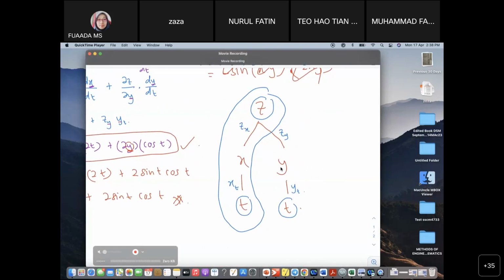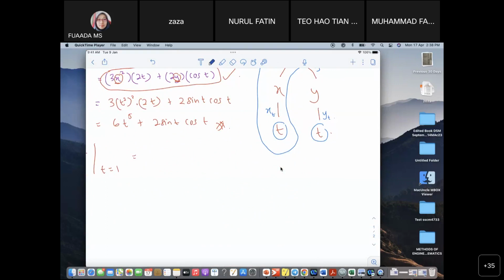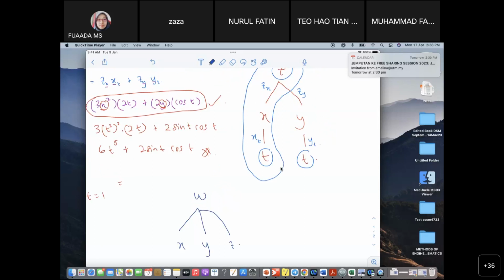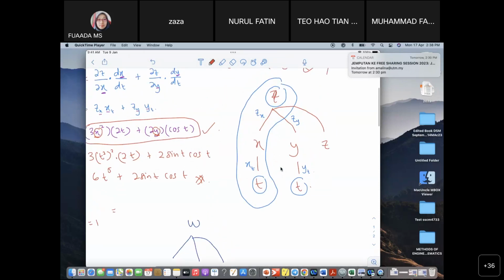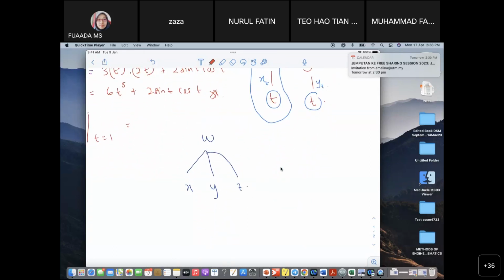So now you have w. Now the first layer is w, and under the w there are x, y, and z. So maknanya you tambah lagi satu lah. There is one more root which belongs to z. Ini untuk case w. Faham? Okay. So what is under the x, y, and z? Only single t.